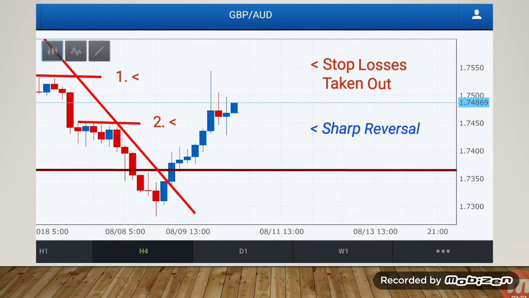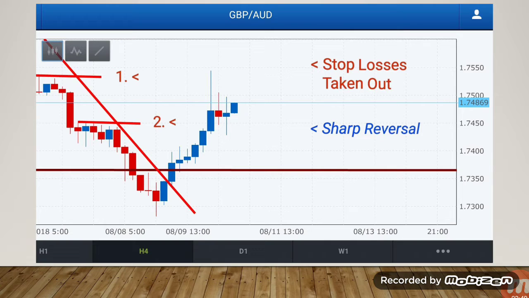Now, taking a closer look at the 4-hour chart, as part of this rally that has taken place at support, you'll notice that the market would have taken out 2 stop loss areas had traders continued to hold their trades short.